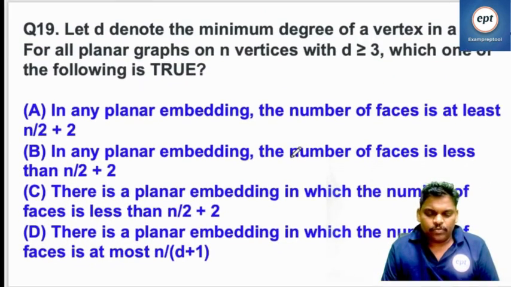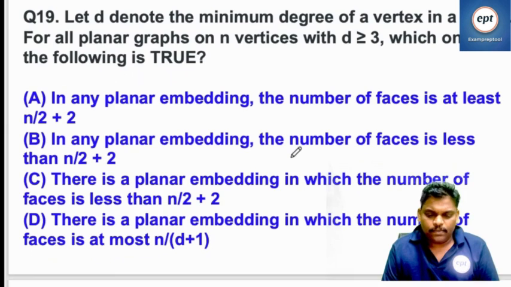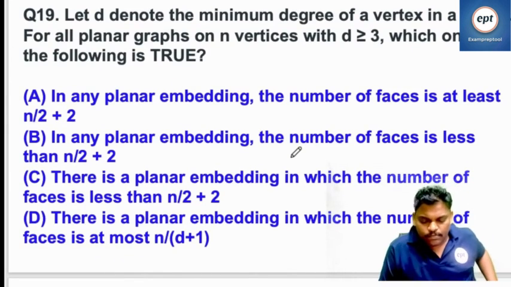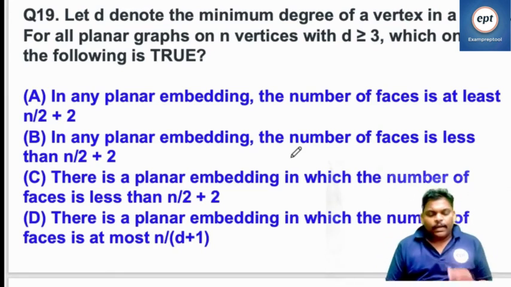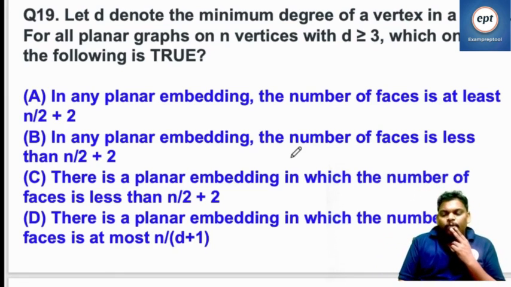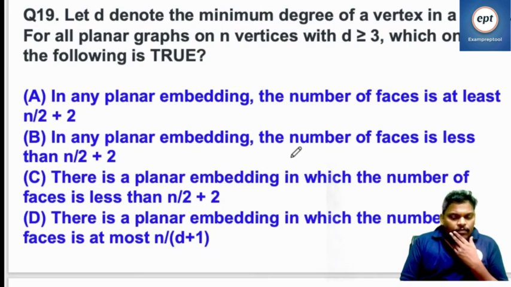So try this one. This also, try. Let D denote the minimum degree of a vertex in a graph. For all planar graphs on n vertices with D greater than or equal to 3, which one of the following is true?